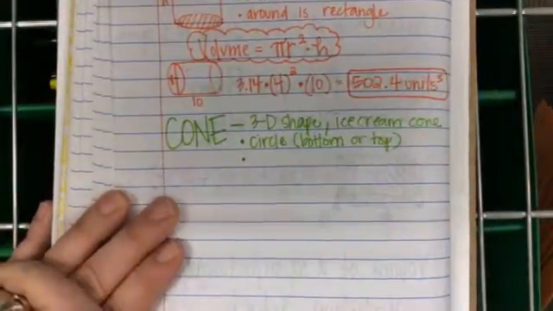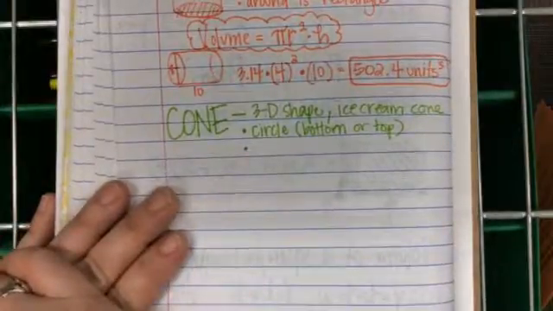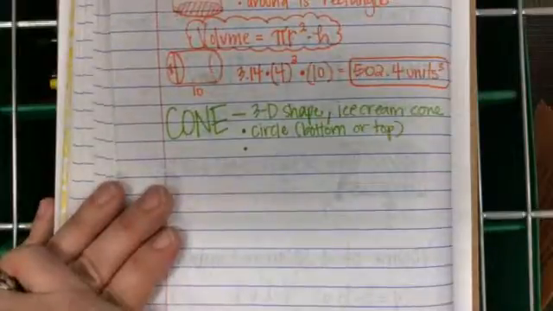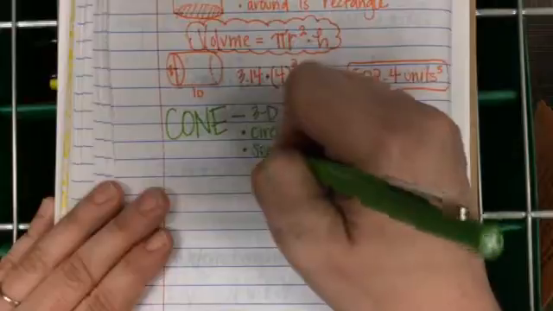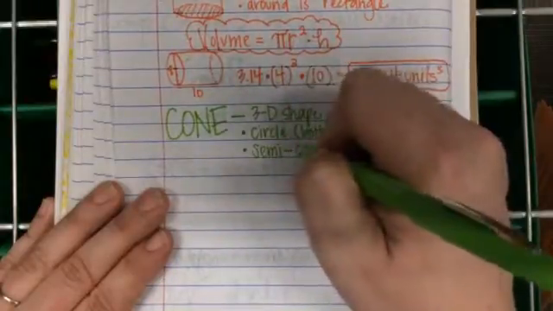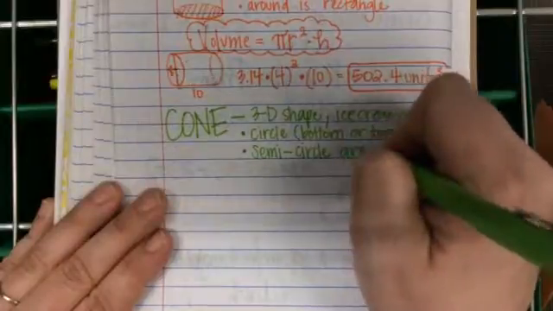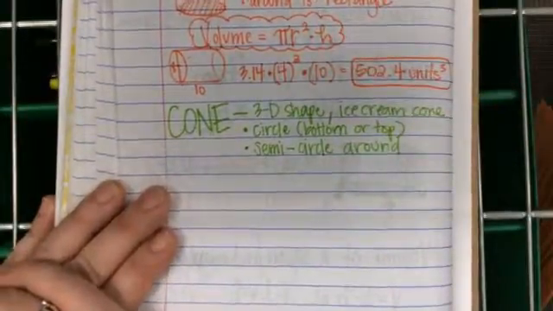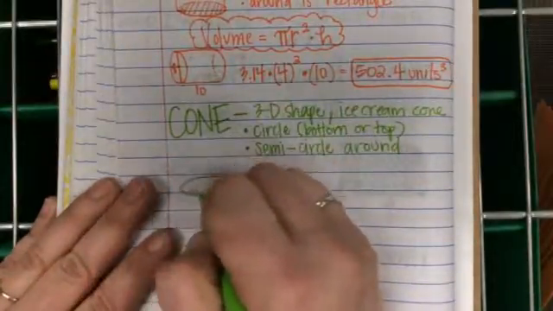What else is it made up of? Not a triangle. It's rounded. It's like a triangle, but it's rounded. Semicircle. So the bottom's a circle, right?